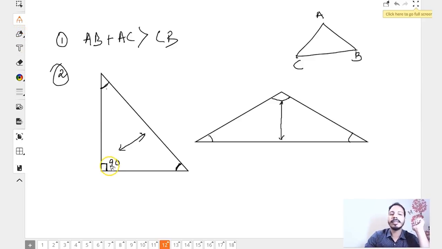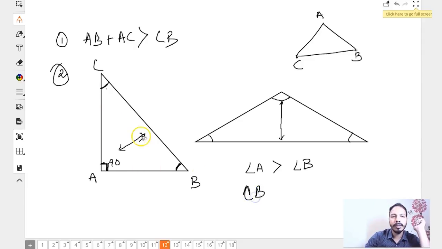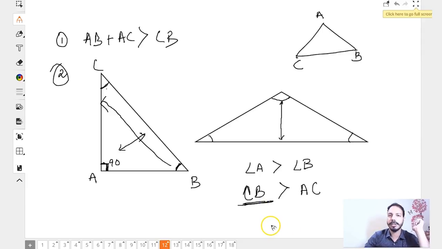So in this way I can say that, suppose this angle is A and this is B. So I can say that if angle A is greater than angle B, then the side opposite to this angle, say CB, and the side which is opposite to angle B, which is AC, so I can easily say that CB is greater than AC because this is the hypotenuse.